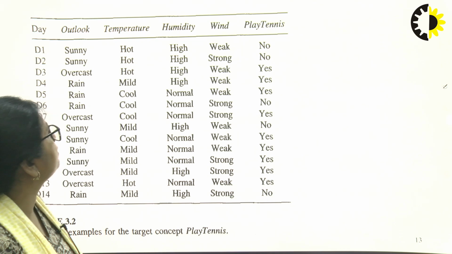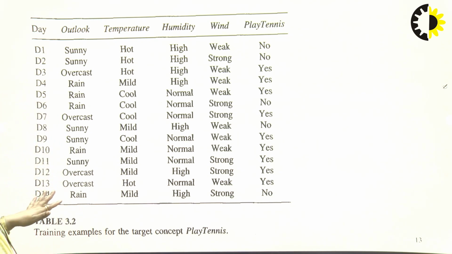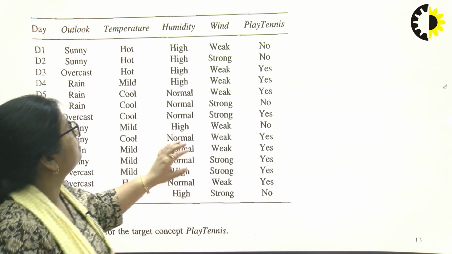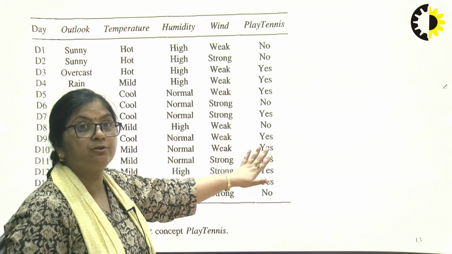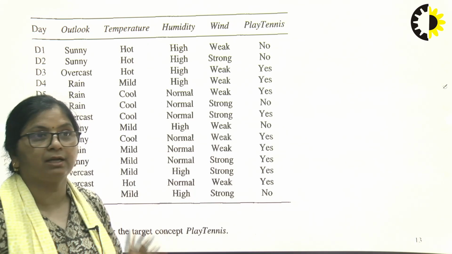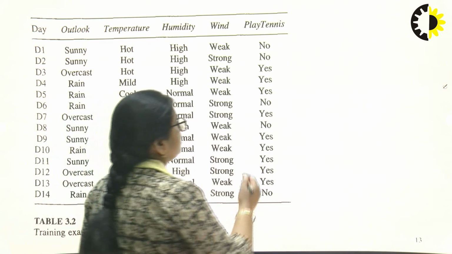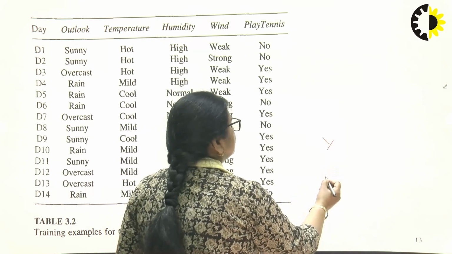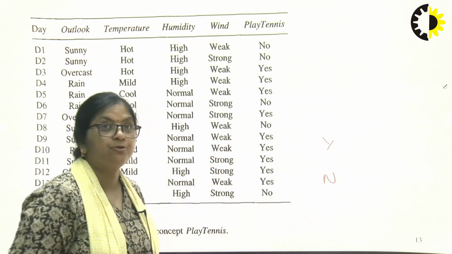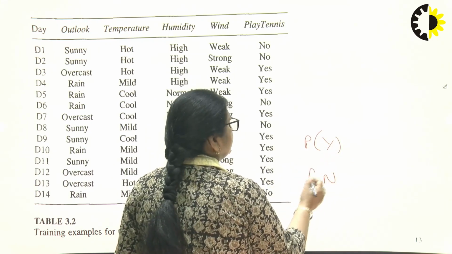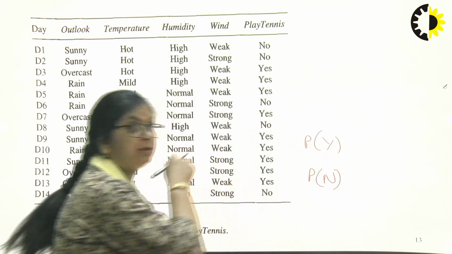So, this is our example. In this example, the class is yes or no, positive class or negative class. The probability of y, the prior probability, we can calculate from experience.